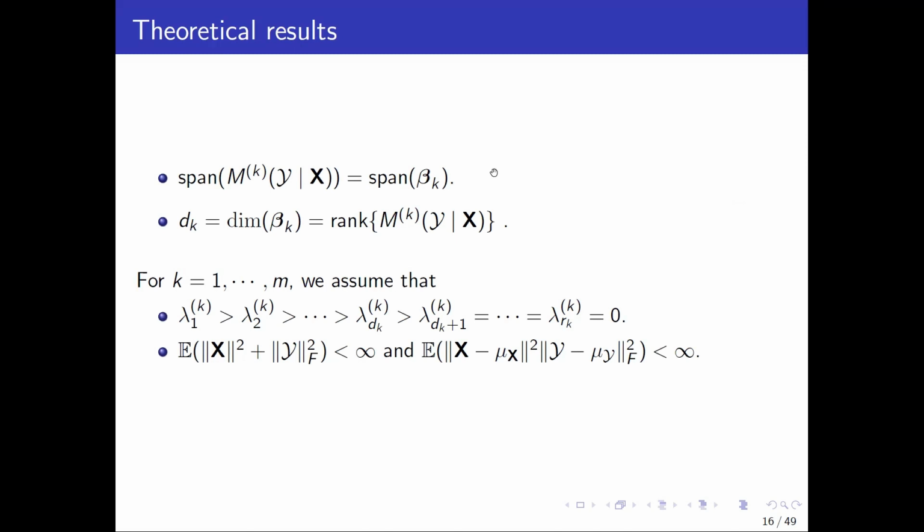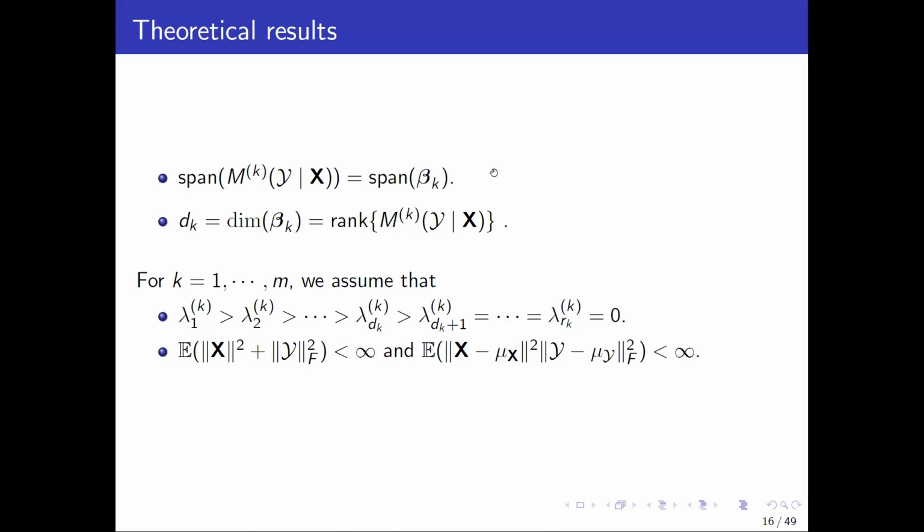So the space that is spanned by this beta K should be the same as the space that is spanned by this mode K TMDD. And the dimension dk should correspond to the rank of this mode K TMDD. So we can use the estimator of the mode K TMDD and then apply PCA to this matrix. Then the eigenvectors will construct this dimension reduction subspace, which is spanned by this beta K. And dk will correspond to the rank of that matrix.